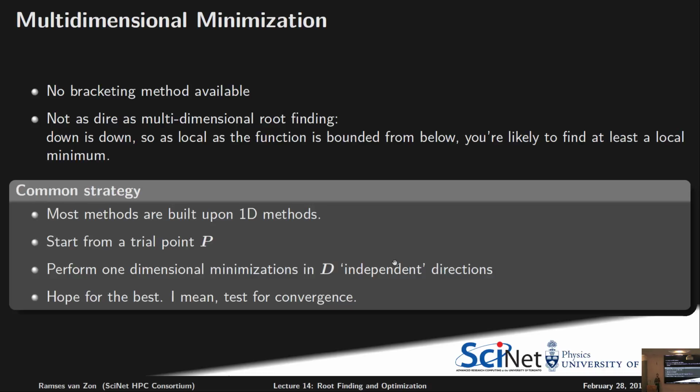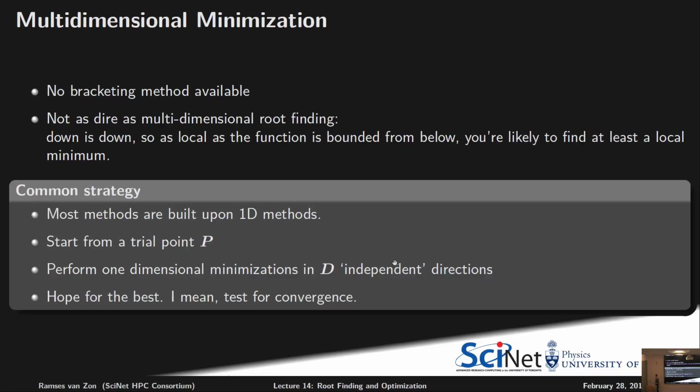See, with root finding, the idea is, okay, I have a change of sign, and I'm going to try and get closer. But with multidimensionals, being closer to 0 doesn't really mean that you're closer to the root, because it could just veer off of 0 again and go away.